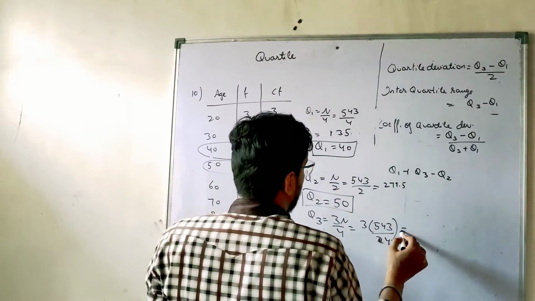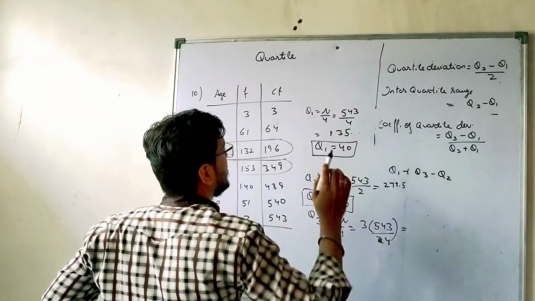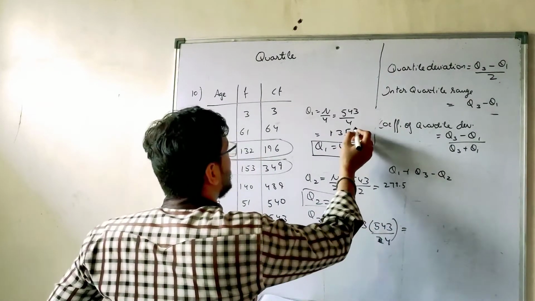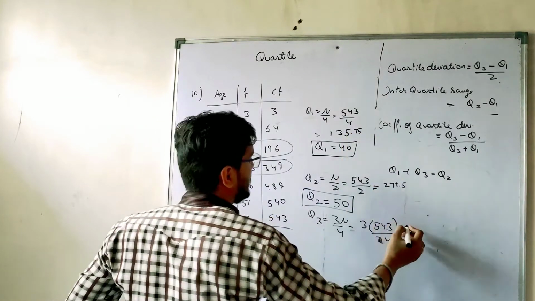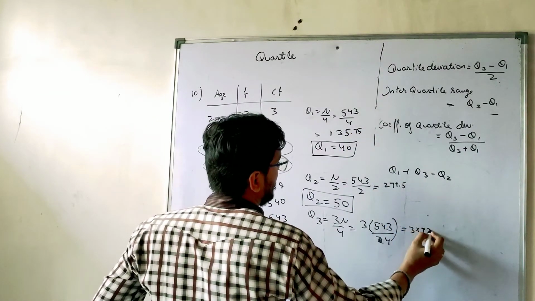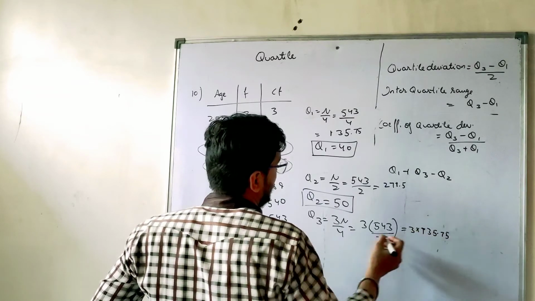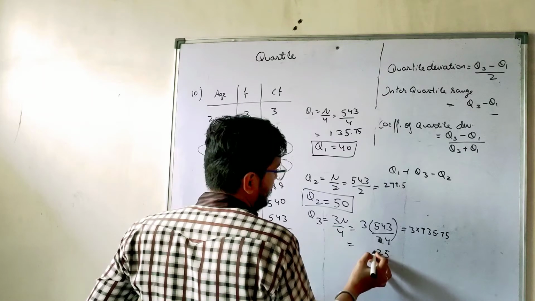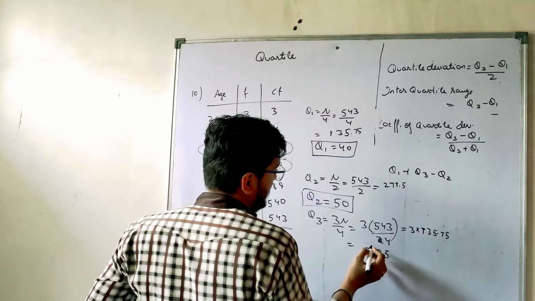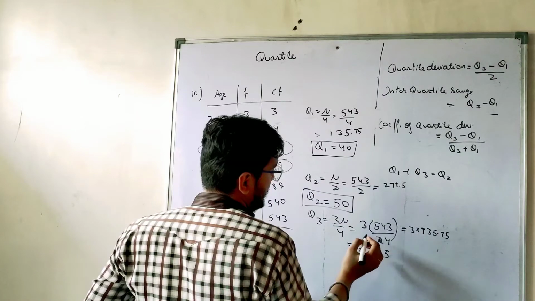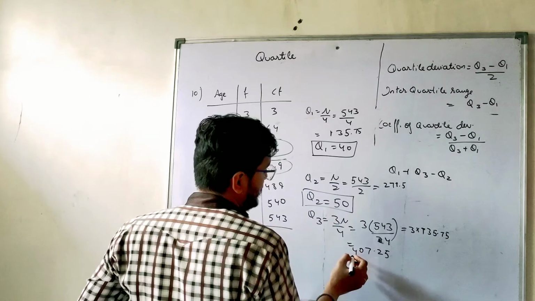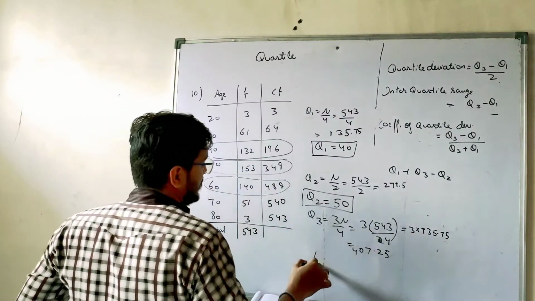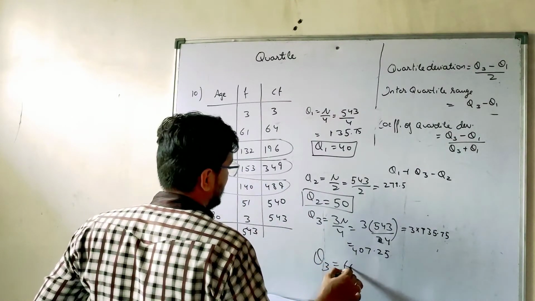So 135.75 multiplied by 3 is 407.25. It will lie in this range. So Q3 is equal to 60 direct.